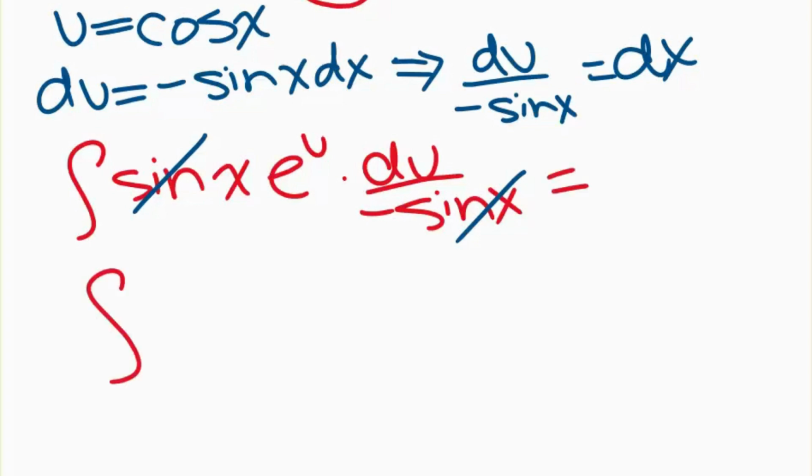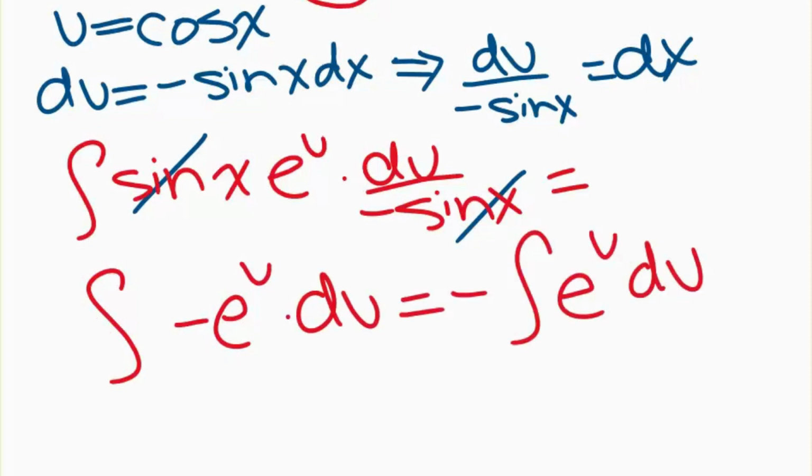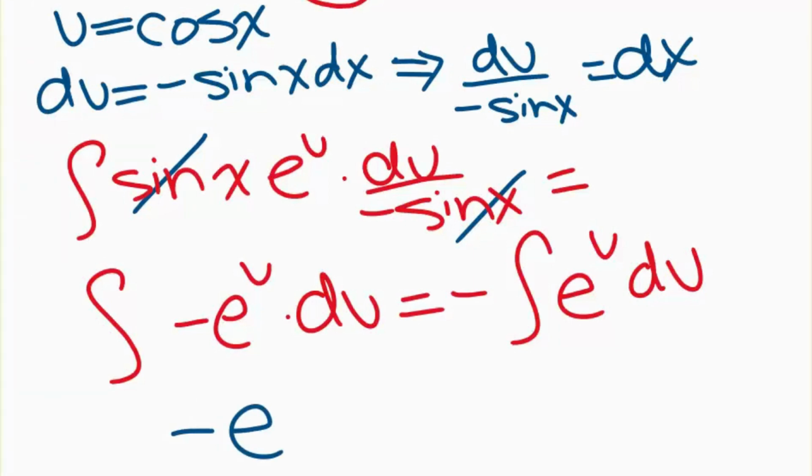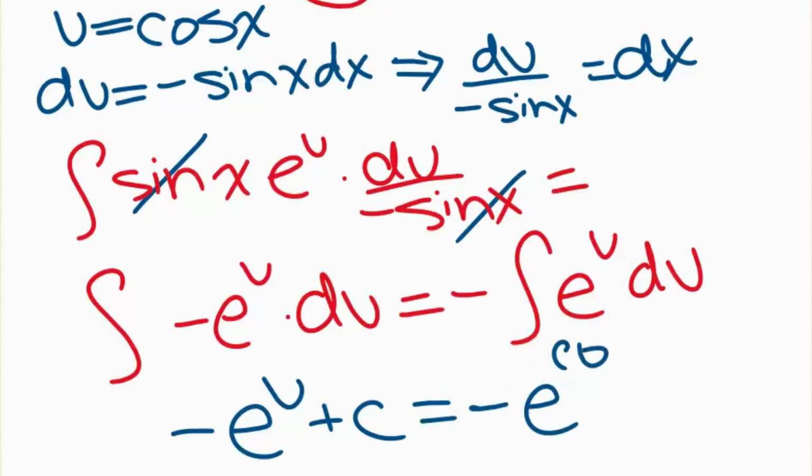So we are left with, simplified down, negative e to the u power du. So my integral would be negative e to the u plus c. Substitute in u. So I have negative e to the cosine x power plus c.